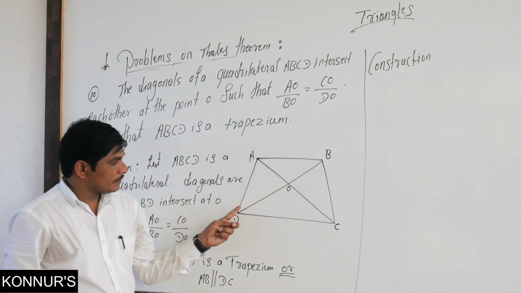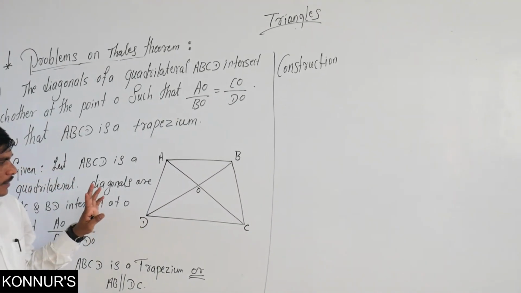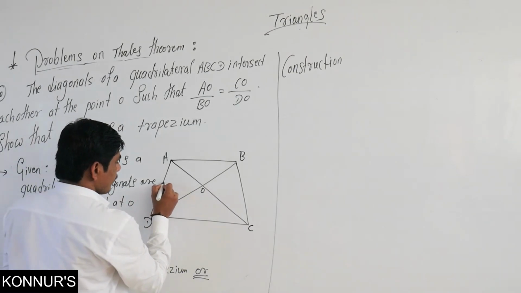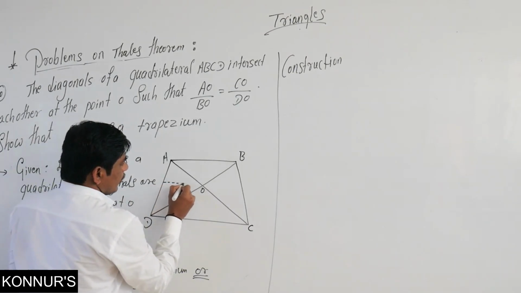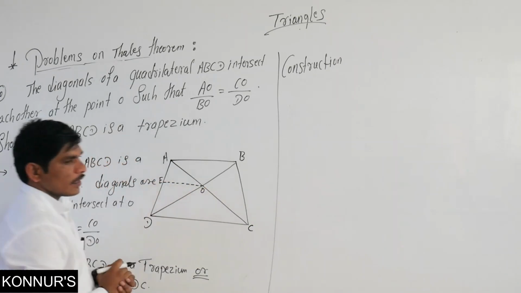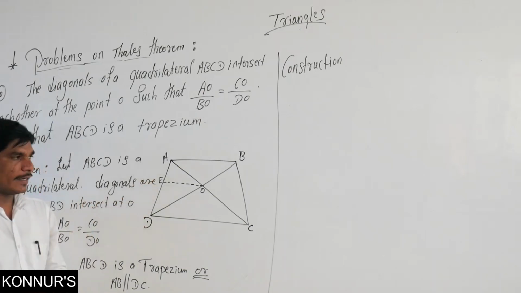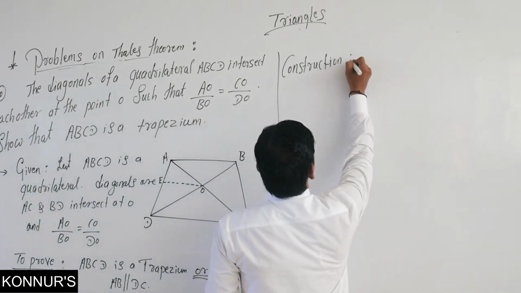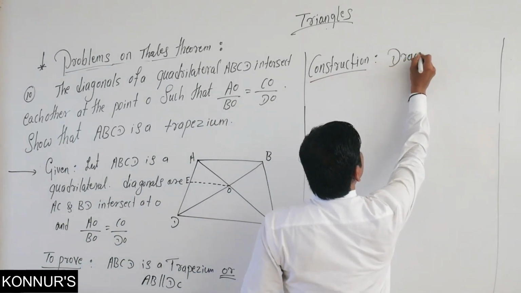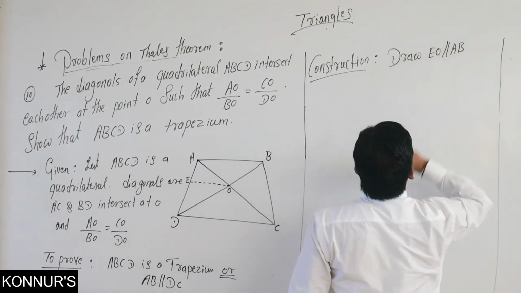That's why, in triangle ADC or ABD there is no parallel line. So we construct again: join or draw EO, where point E is on AD. Here the construction part is: draw EO parallel to AB.